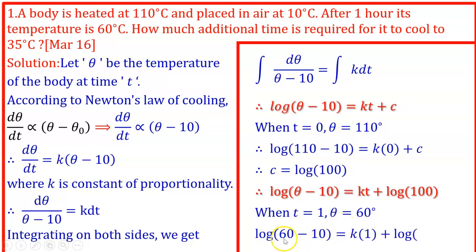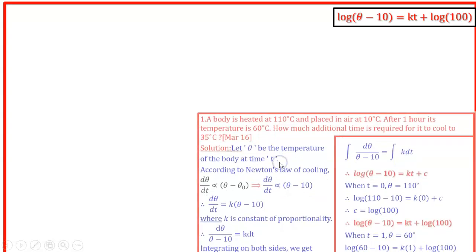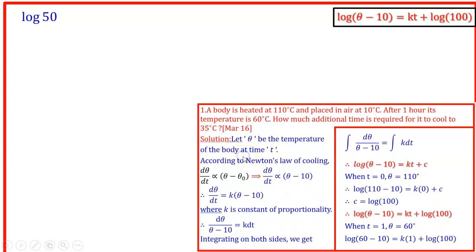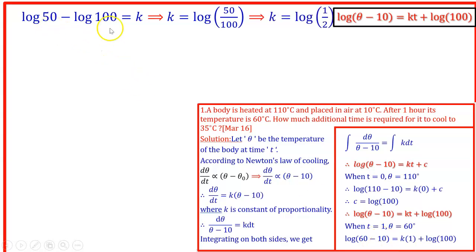Therefore, log of 60 minus 10 is equal to k into 1 plus log of 100. After simplification, log of 60 minus 10 means log of 50. Log of 50 minus log of 100 is equal to k. And log of 50 minus log of 100 means log of 50 upon 100.